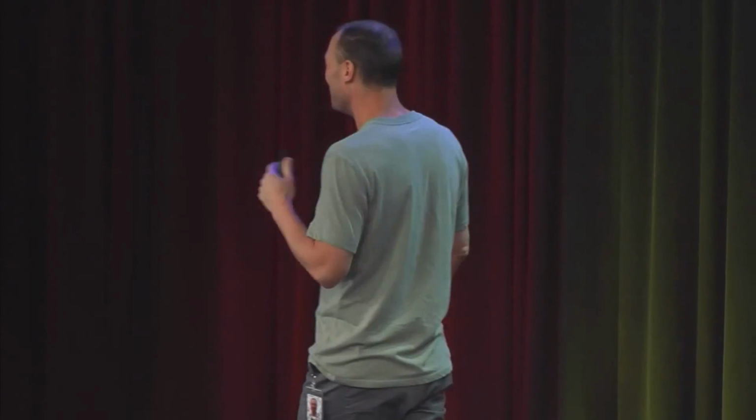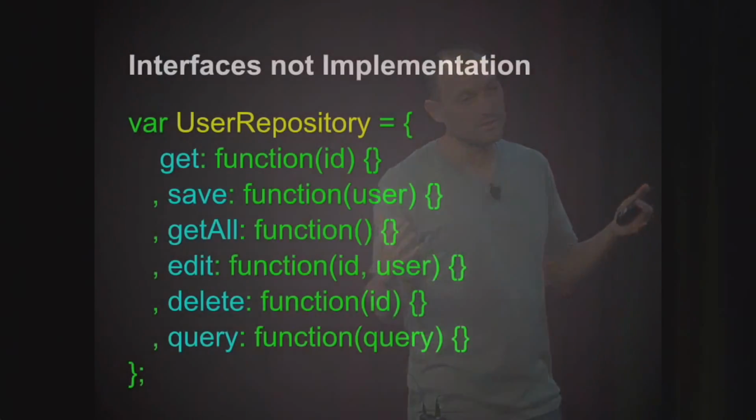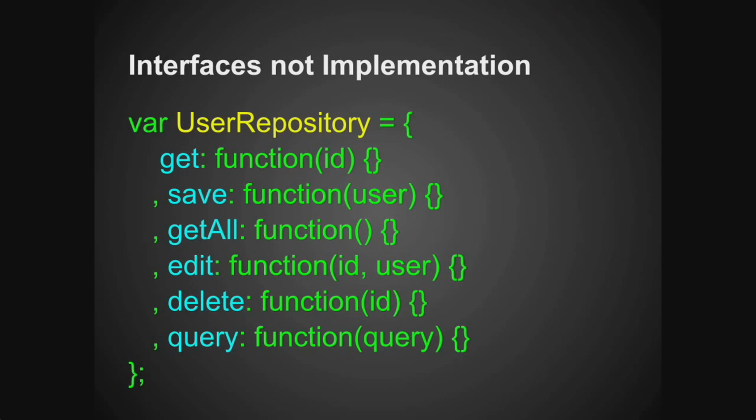When I talk about interfaces in JavaScript, the first reaction is, well, JavaScript doesn't have interfaces. Well, it sort of does, and we can fake it by creating an object like this and defining a bunch of empty functions or methods. And when I do this, what I've done here is essentially create an interface.